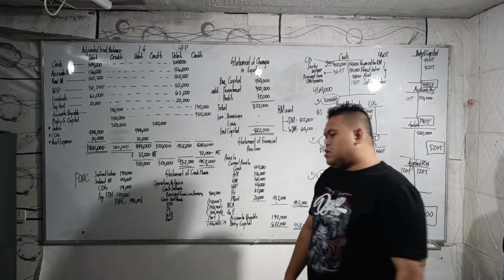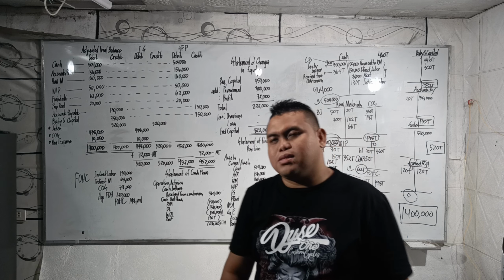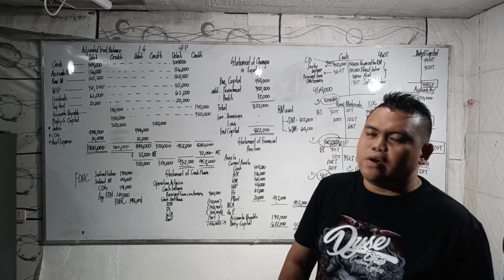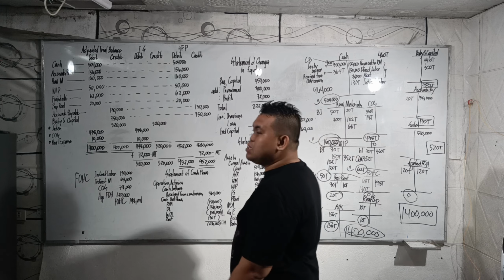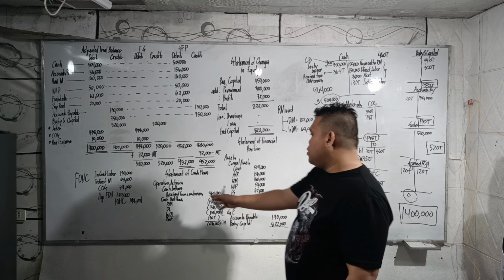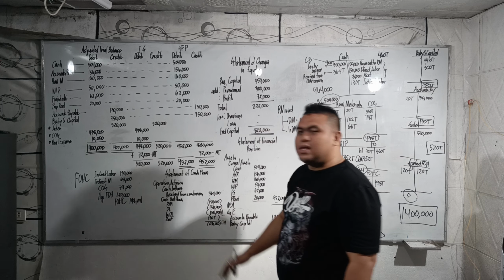However, remember that the income statement is actually accrual basis, in which any revenues that you have earned, even if you have not yet collected those revenues, will be included in the income statement. Okay? So in the cash flow, operating activities is not the case because this is based on cash basis.